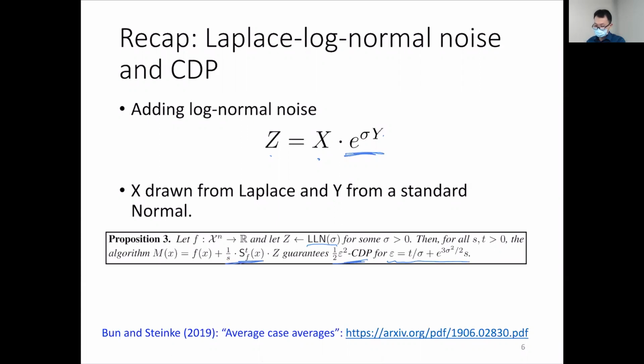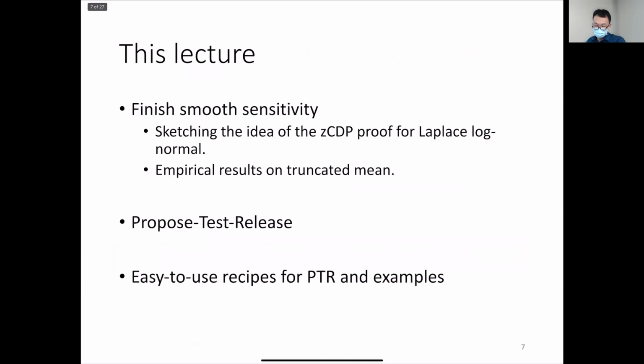Okay, so the proof is actually not that crazy. In today's lecture, we'll finish talking about the concentrated differential privacy analysis of the smooth sensitivity for the Laplace log normal noise, and then I'll show you some empirical results to demonstrate that this actually works and is doing things that are data dependent, giving you a substantial edge over adding noise proportional to global sensitivity.